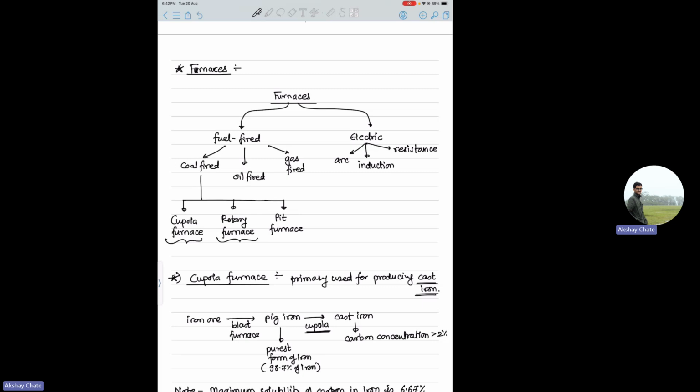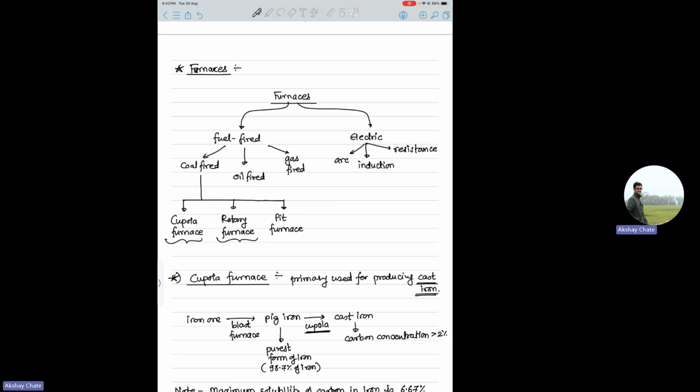Many times you see some people picking up scrap in the scrap yards, right? So they take it to recycling, and mostly there will be a rotary furnace there, because the scrap is put from the top. It is a slanted furnace and it keeps on rotating, so the mixing is pretty good in the case of a rotary furnace. And it's not only for aluminium, you can use it for iron, titanium, etc. It depends on what you want to use it for.